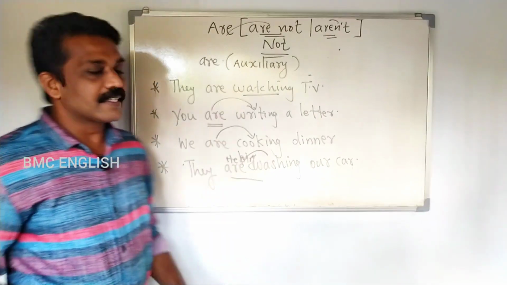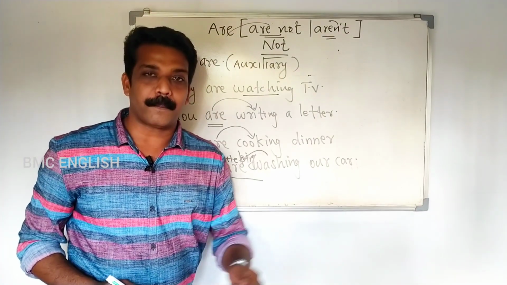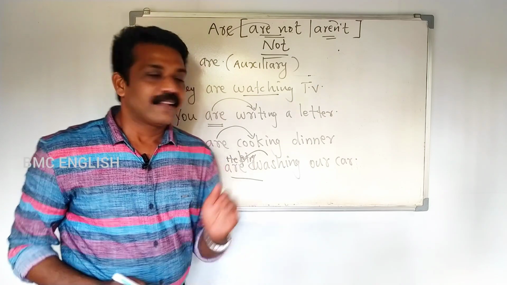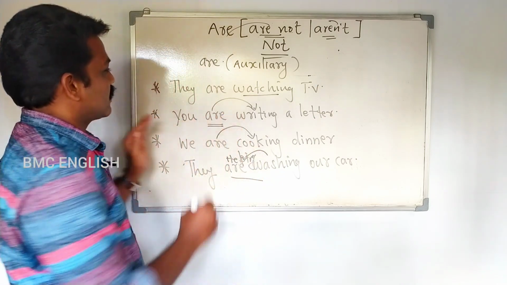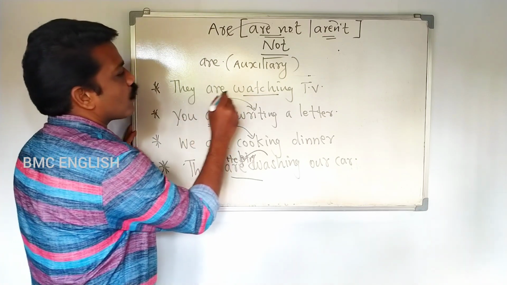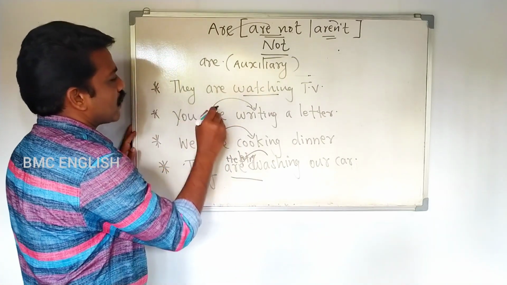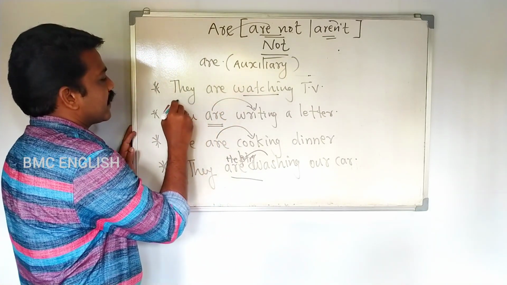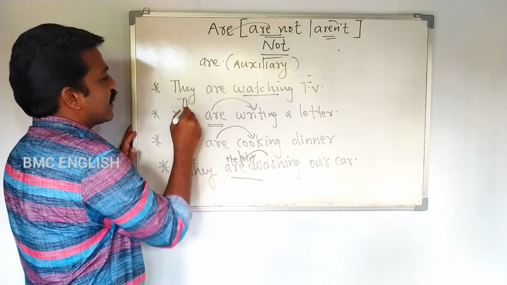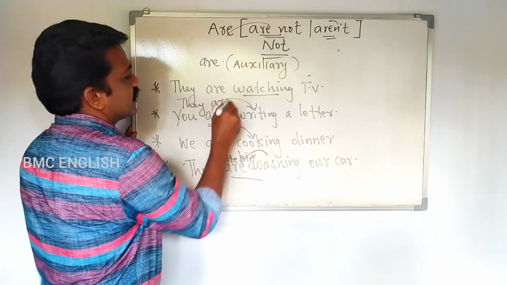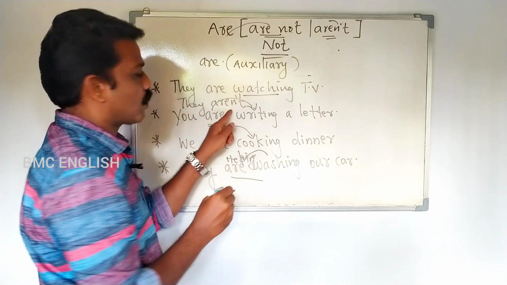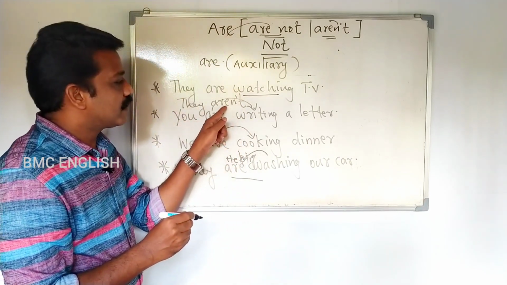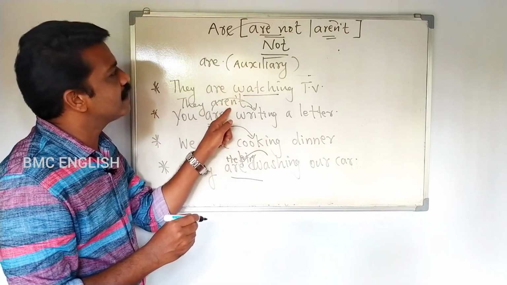Now change these sentences into negative form. We simply add a not. Listen. They are watching TV. If you want to change this sentence, we can write like this: they aren't or they are not. Aren't is the shortened form of are not.